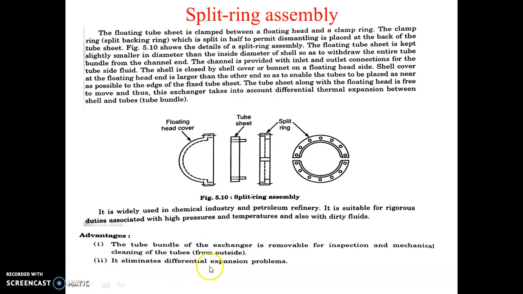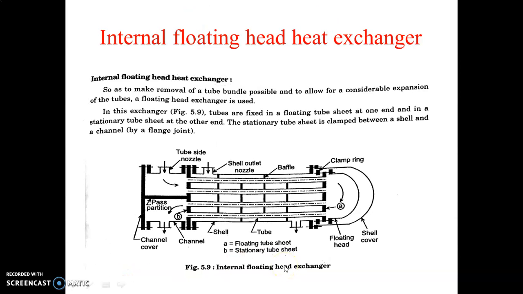It eliminates the differential expansion problem. That means due to thermal expansion, there may be chances of the tubes loosening from this tube sheet. That can be avoided in this internal floating head heat exchanger.